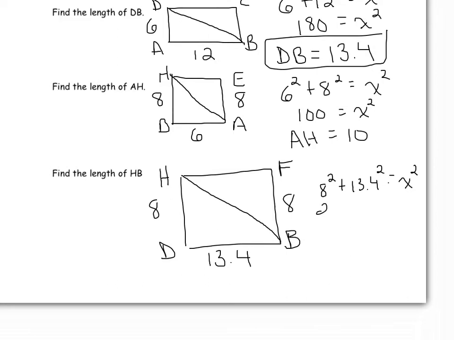And I get 243.56. So that distance is the square root of 243.56. HB is going to be 15.6.